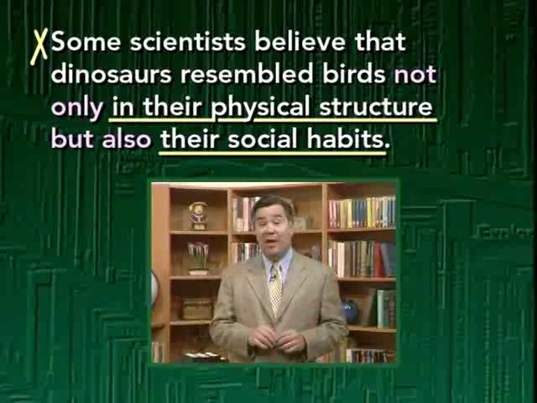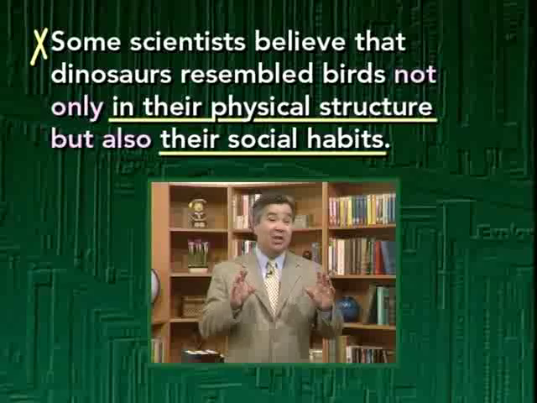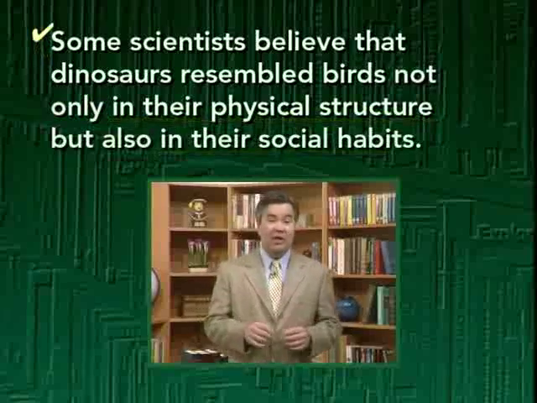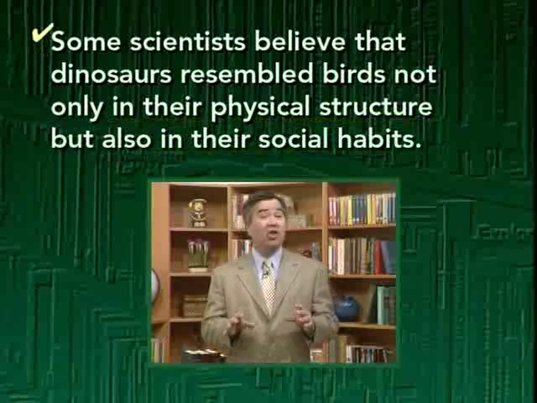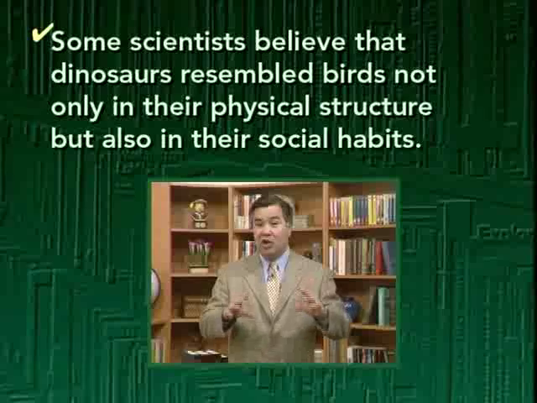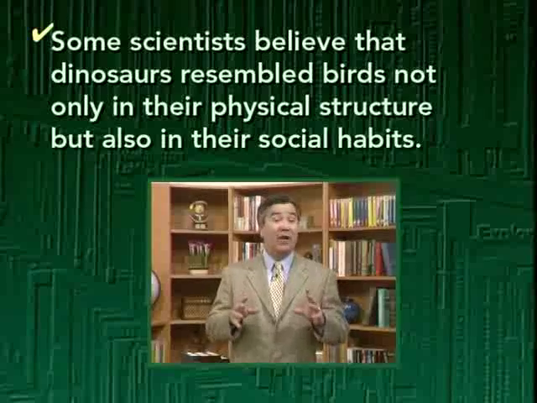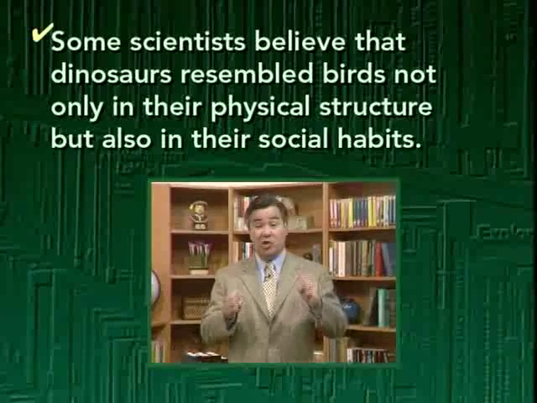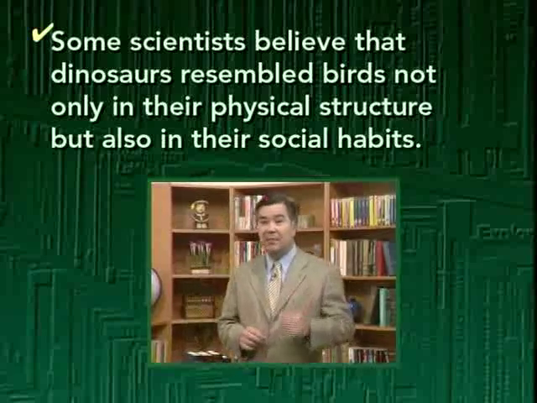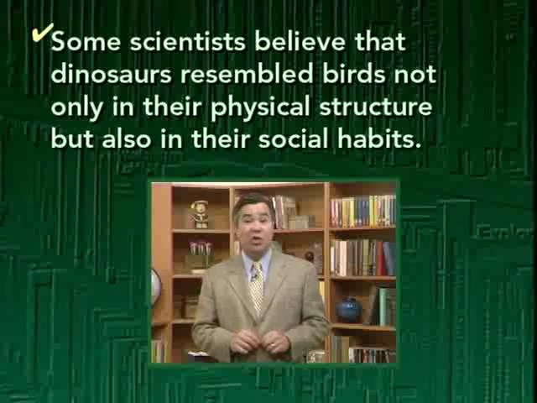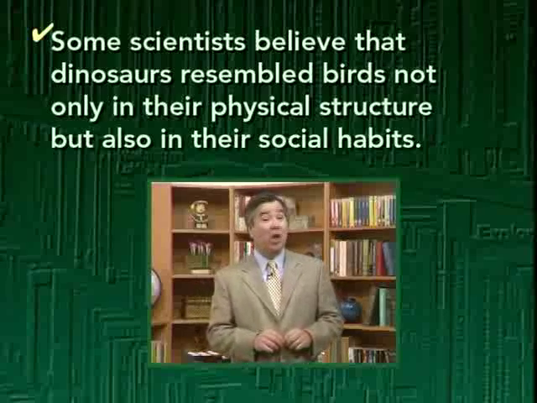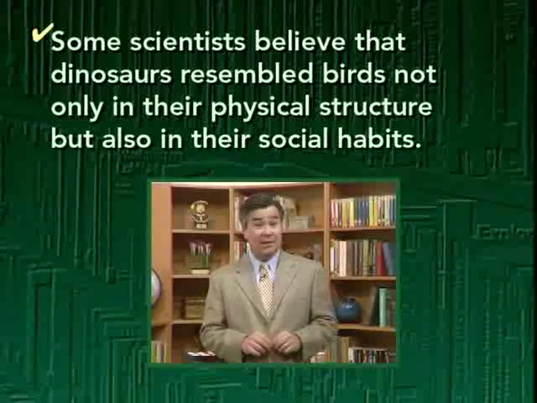Luckily, it's easy to correct this error simply by inserting the preposition "in" into that second phrase after the coordinating conjunction "but also." And then the expectation that we will have parallel structure will be nicely satisfied, and the sentence will sound good and sturdy the way it ought to. The correct sentence would then read, "Some scientists believe that dinosaurs resembled birds not only in their physical structure, but also in their social habits."